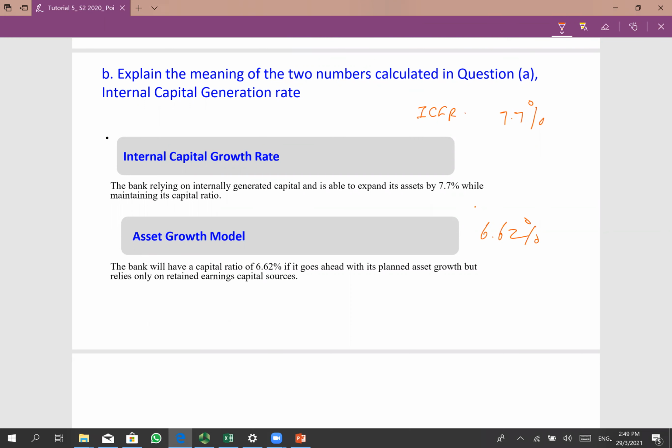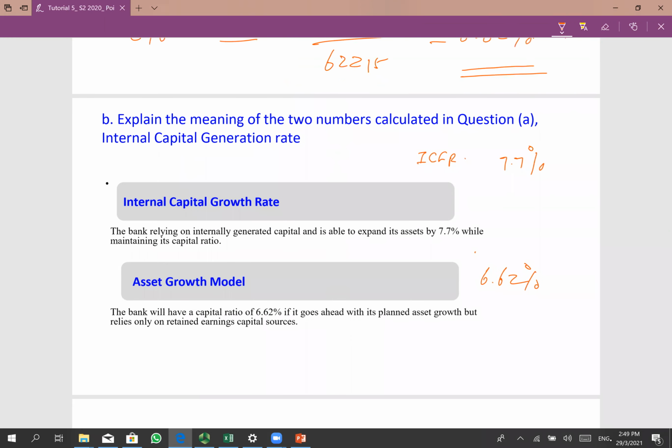The answer is, for the internal capital, the bank relying on internally generated capital is able to expand its assets by 7.7% while maintaining its capital ratio, which we talked about. What about the asset growth model? The bank will have a capital ratio of 6.62% if it goes ahead with its planned asset growth but relies only on retained earnings.